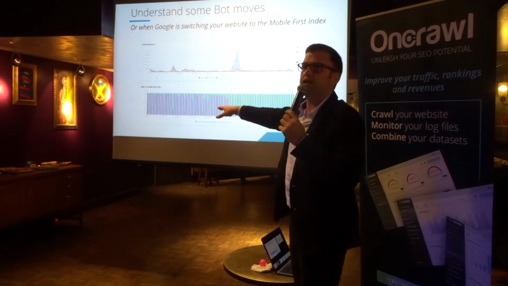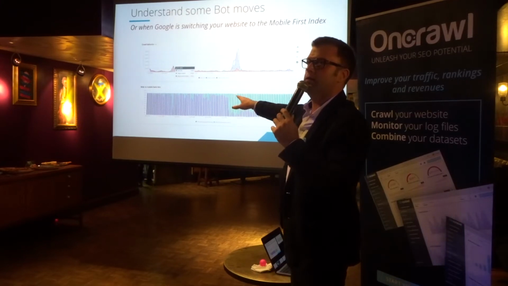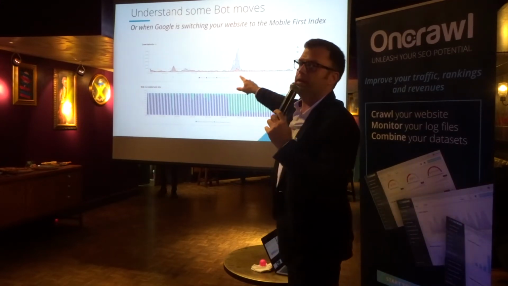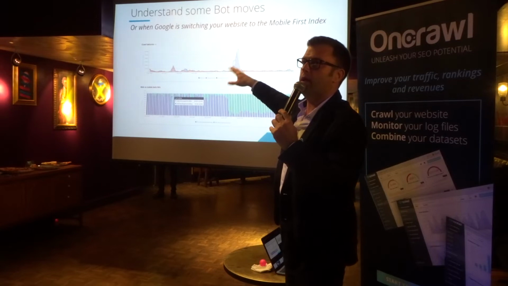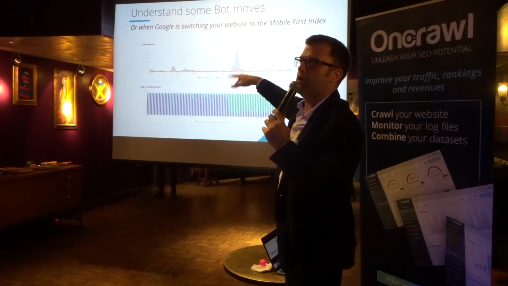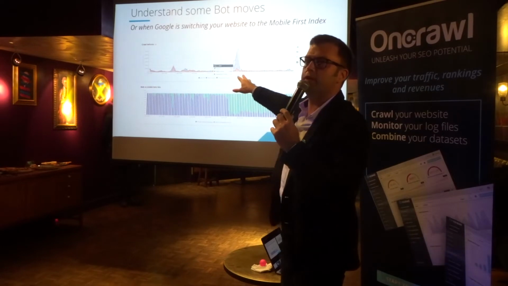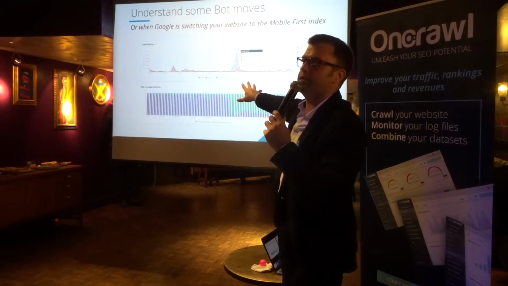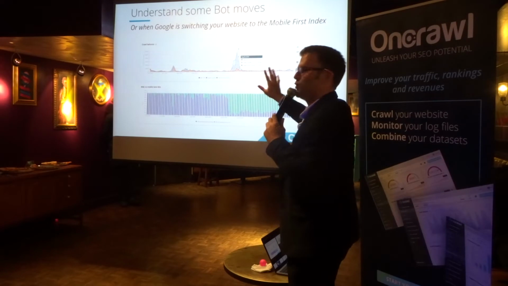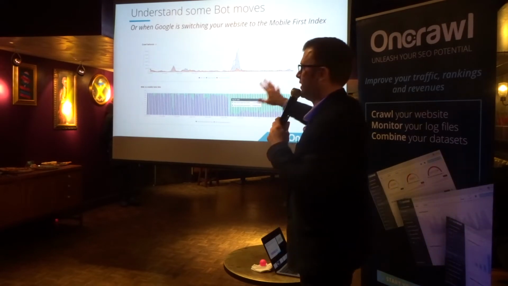And as soon as it switches you, it crawls your whole website on a 24 or 48 hour time frame. You can look at my Twitter, and John Mueller has confirmed it. So looking at your logs is definitely the thing to do now.